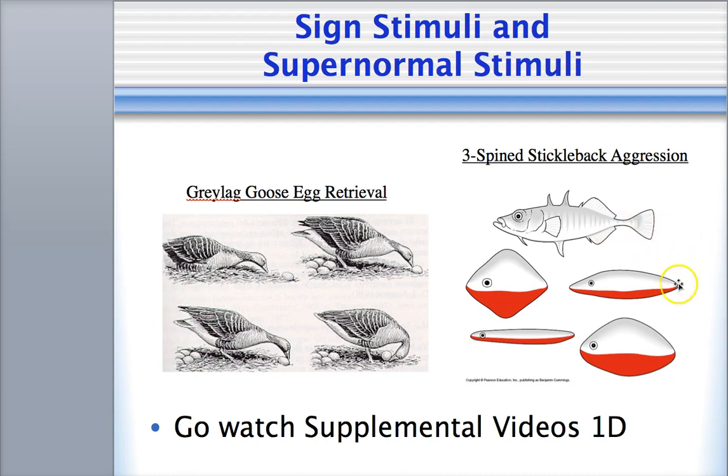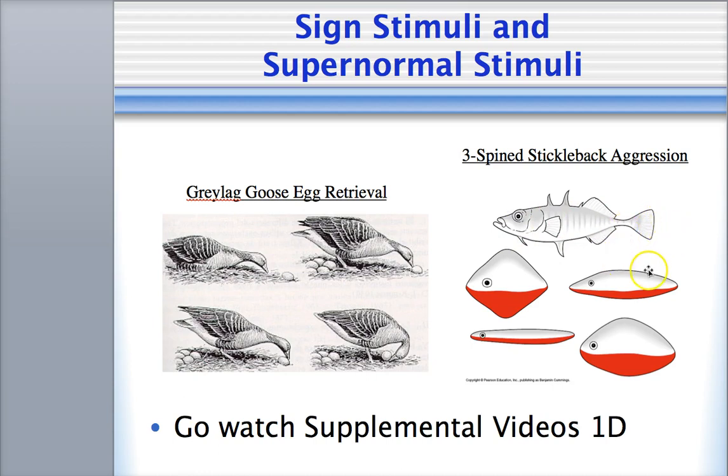What he did was he created models, and he put them on sticks and lowered them into the aquarium of a male that was in the breeding season. And he used a model that looked just like another fish, like another male, but it didn't have a red belly. It's just a plain, boring male.